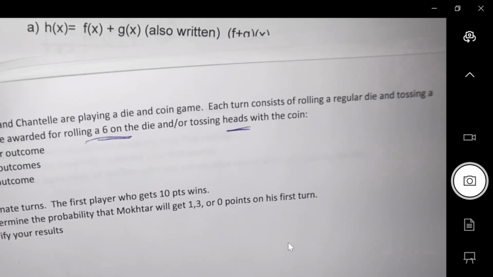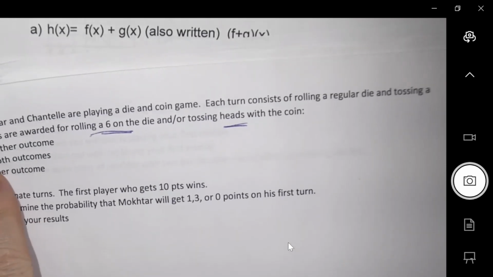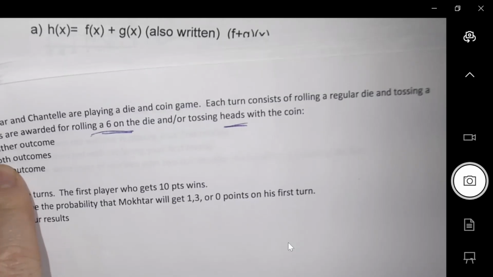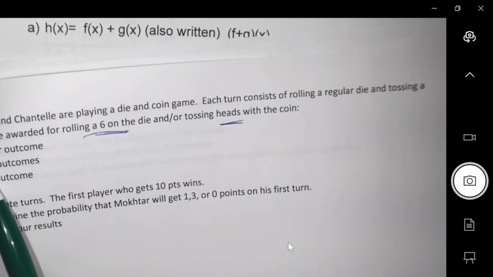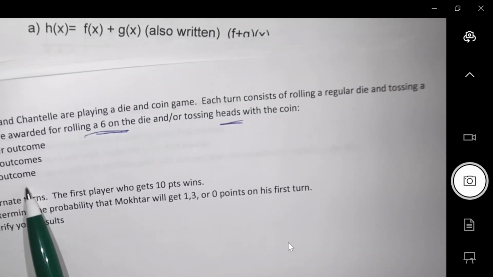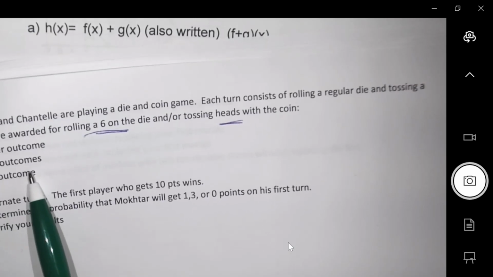Okay, so you get 1 point for either outcome. You get 3 points if you do both things, and you get 0 points if neither thing happened to you.